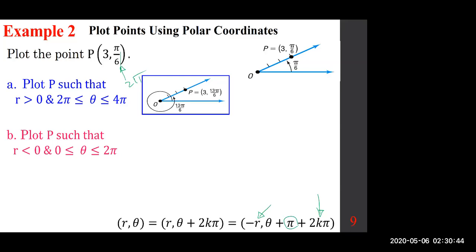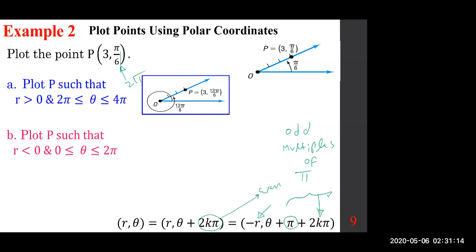That means, again, it's really important to know when we say pi plus 2k pi, pi means odd multiples of pi, okay? 2k pi means what?